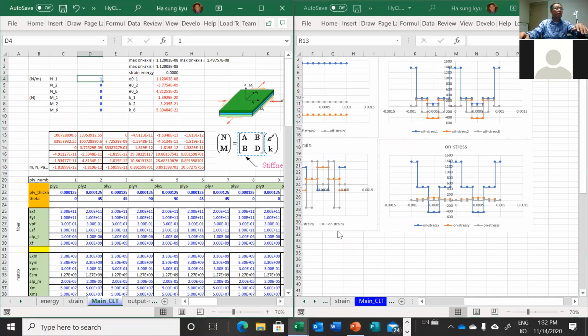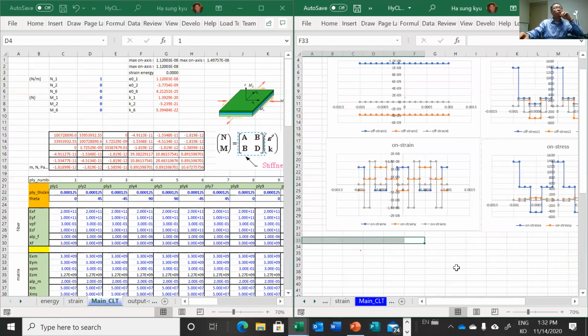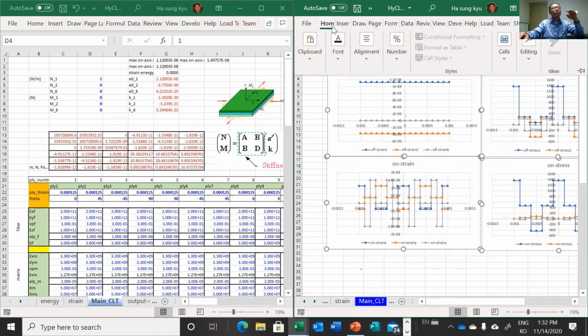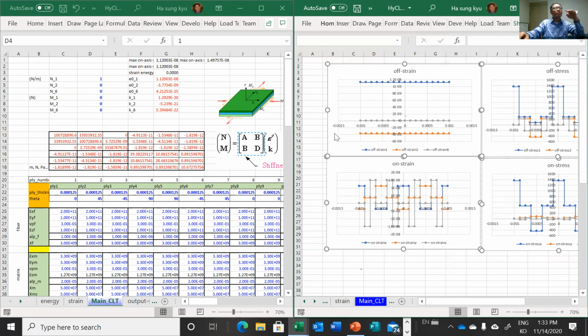This one shows the strain in the 1 direction, this is the axis 1. And this is the strain in the 2 direction, and no shear strain.